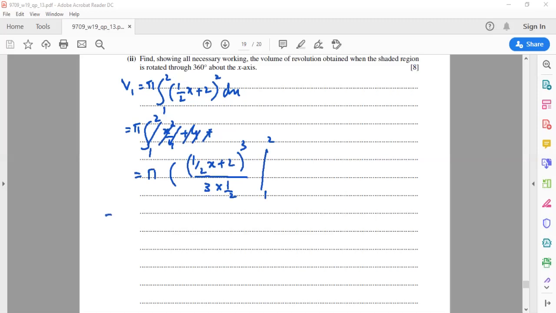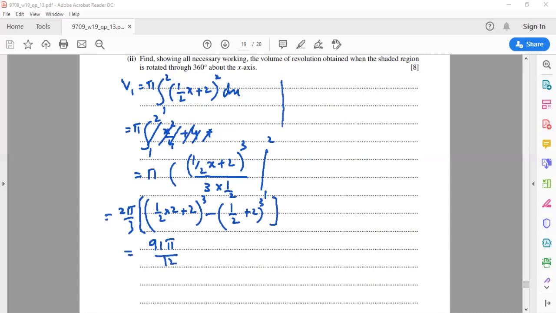Now, by placing the values, it is 2 pi by 3, because this 2 will go up and 3 will be down. Now, place 2 over here. So, (half times 2 plus 2) to the power 3 minus (half times 1 plus 2) to the power 3. Now, if you simplify this by placing it into the calculator, we are able to get 91 pi divided by 12.